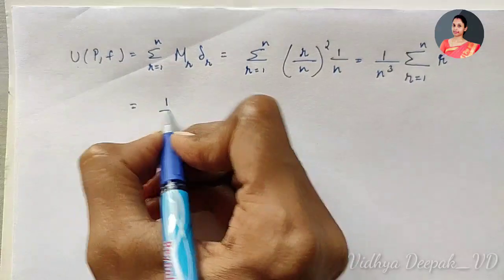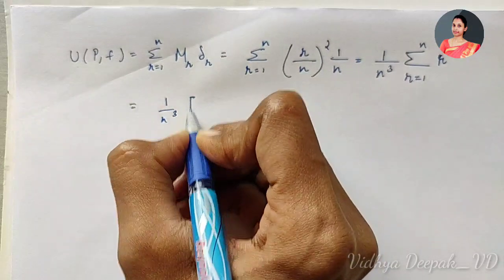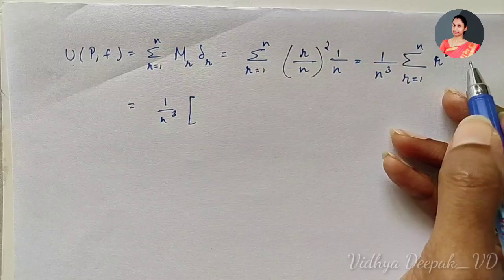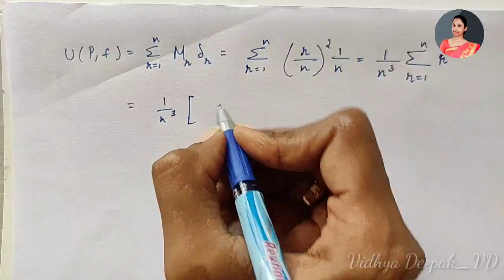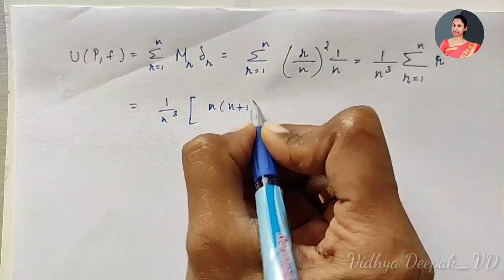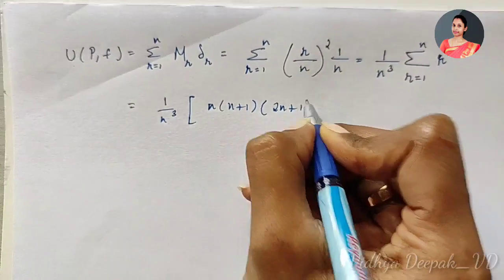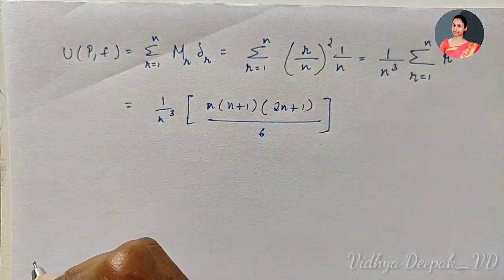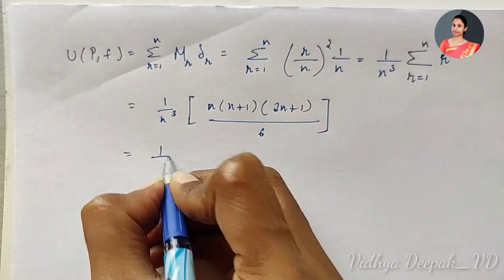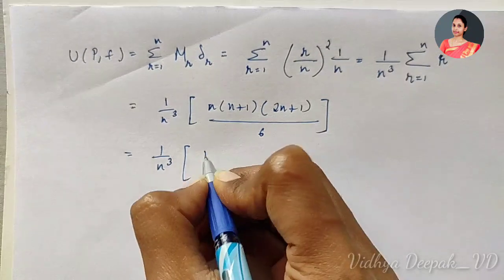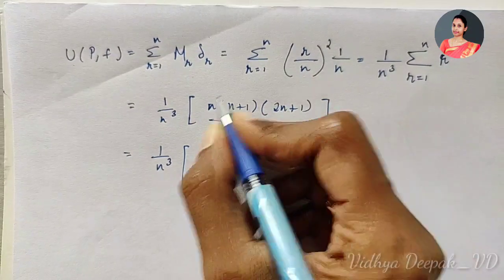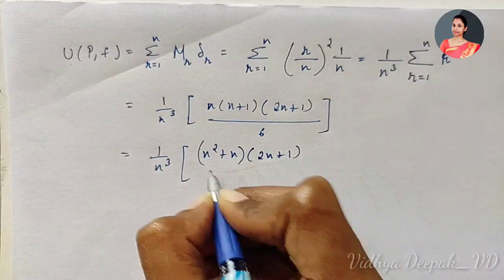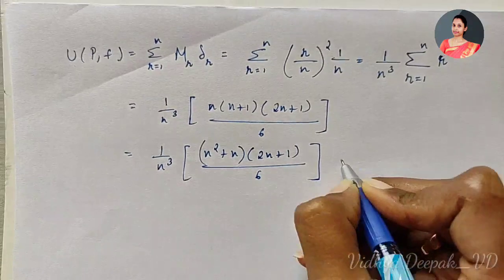Now we have 1 by n cube into, applying the summation for r square, the sigma n square formula, n into n plus 1 into 2n plus 1 whole divided by 6. So now simplify 1 by n cube into n square plus n into 2n plus 1 whole divided by 6. Again simplify.